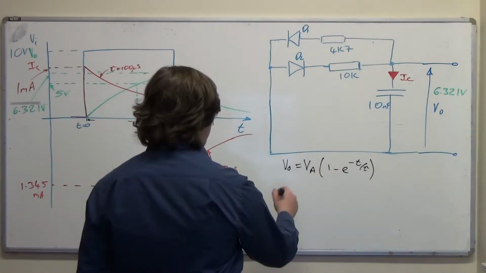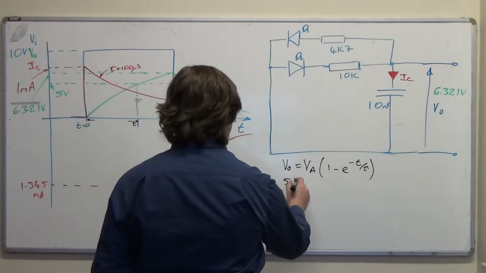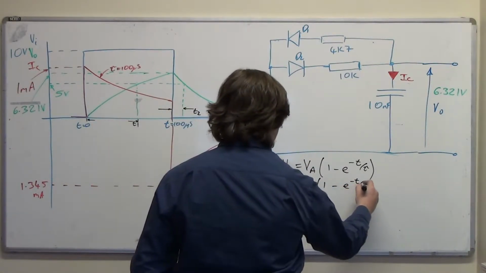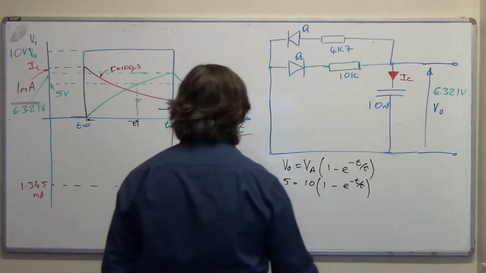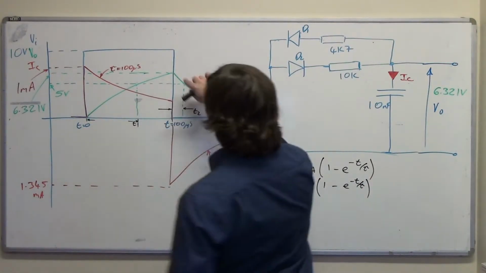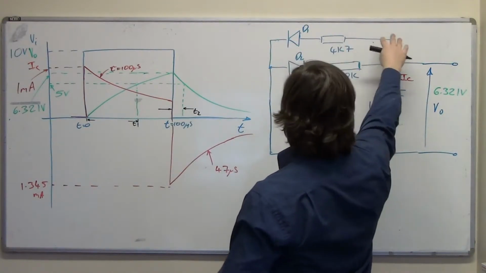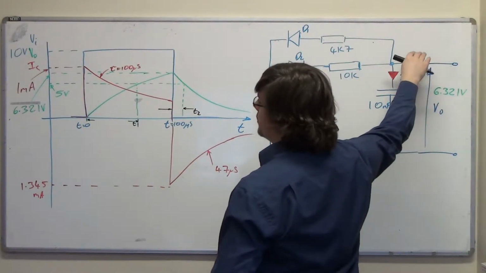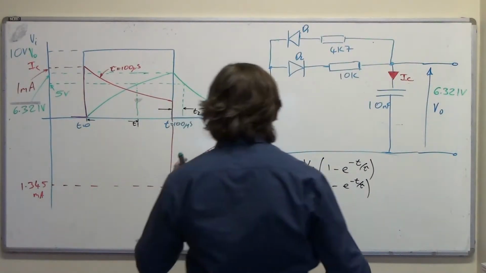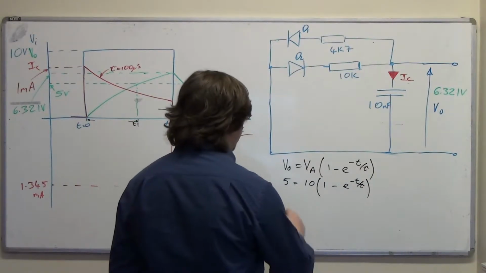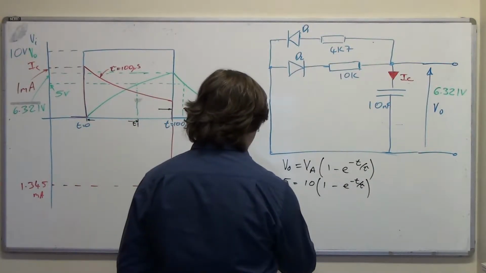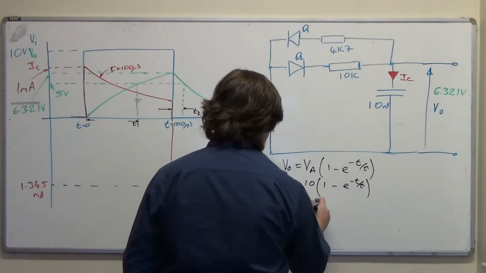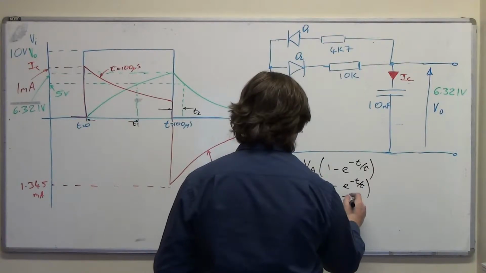We'll do the same maths that we usually do, where 5 is equal to 10 times 1 minus e to the minus t upon tau. The reason it's 10 is it's not aiming for this point, it's aiming for 10. Somewhere way up here in time, at 500 microseconds or so, we will eventually get to 10 volts. But it's aiming for 10, even though it never gets there. So we'll multiply through by the 10, giving 5 is equal to 10 minus 10 e raised to the minus t upon tau.